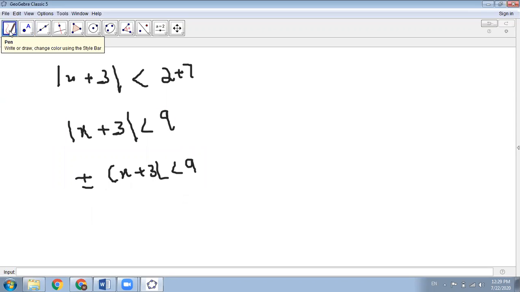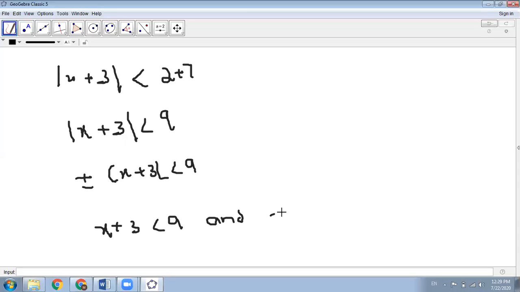Now we can separate it: x plus 3 less than 9 and minus x plus 3 less than 9.